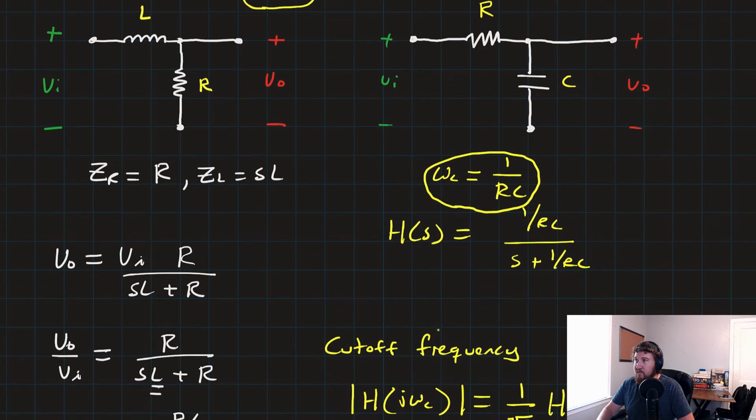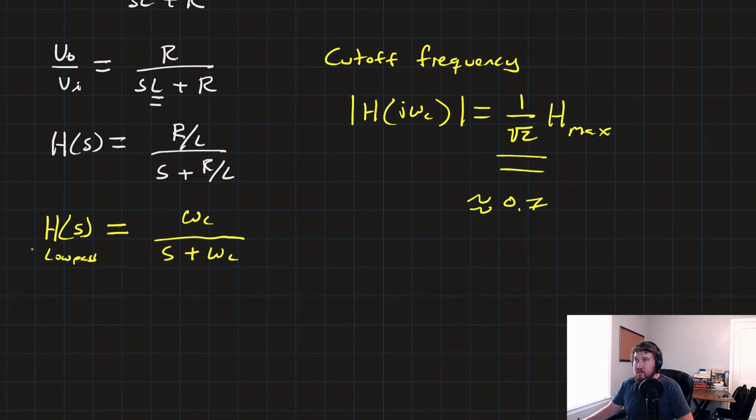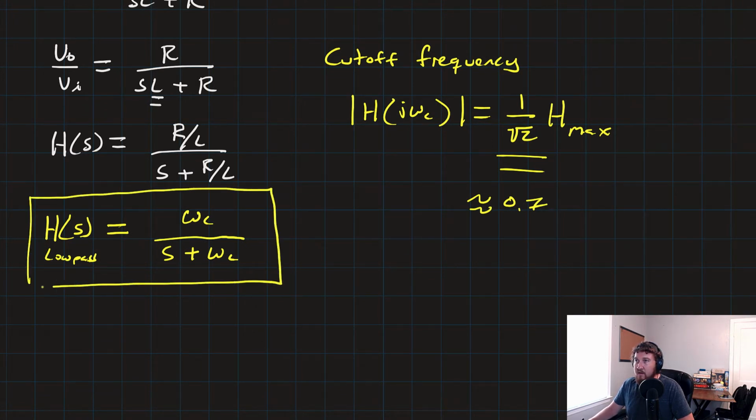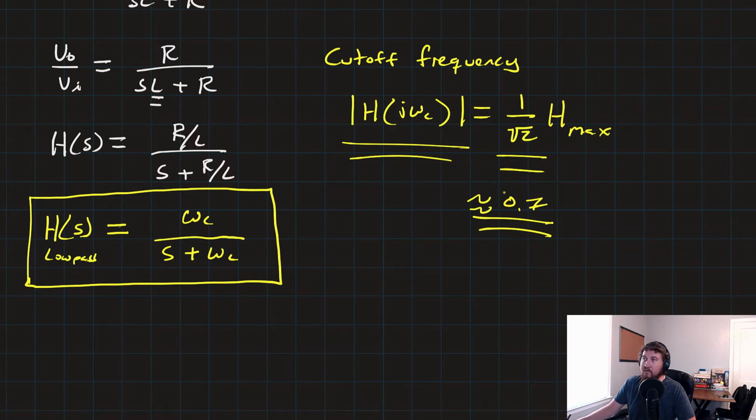And then our transfer function for the low-pass filter is omega c over s plus omega c. And remember, our cutoff frequency in the non-ideal case is the place where the magnitude of the transfer function drops below 0.7, or 1 over the square root of 2. So that's it for low-pass filters.